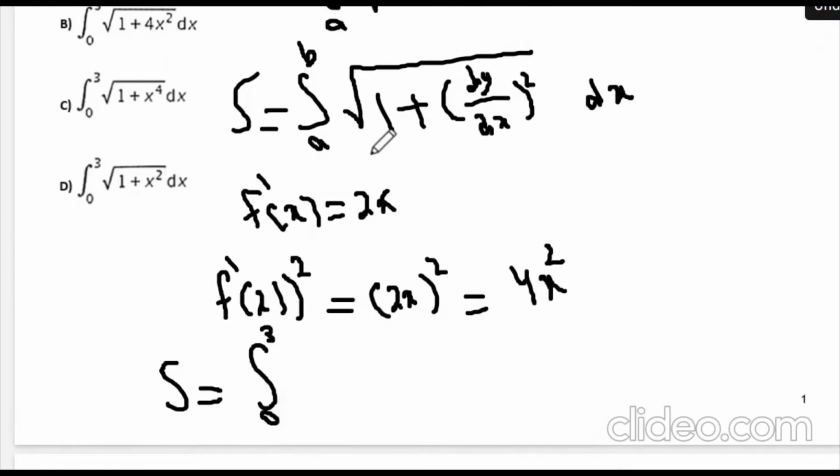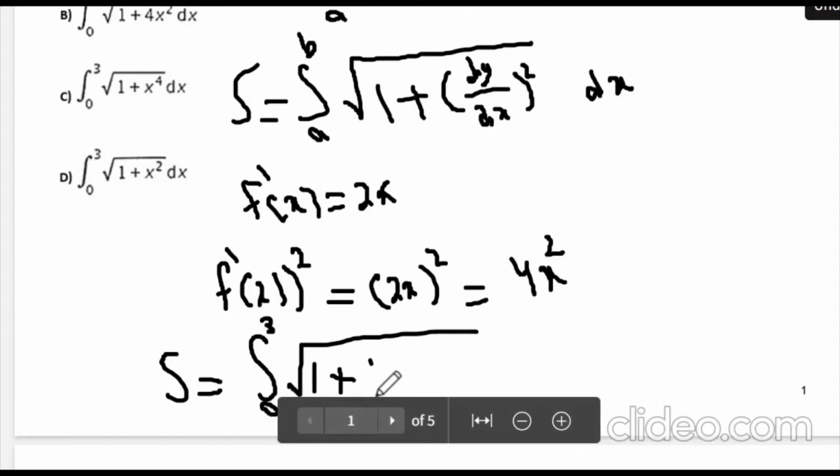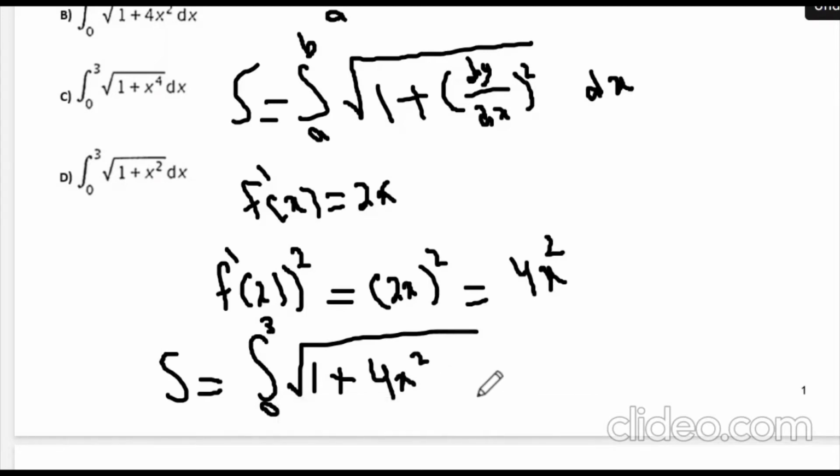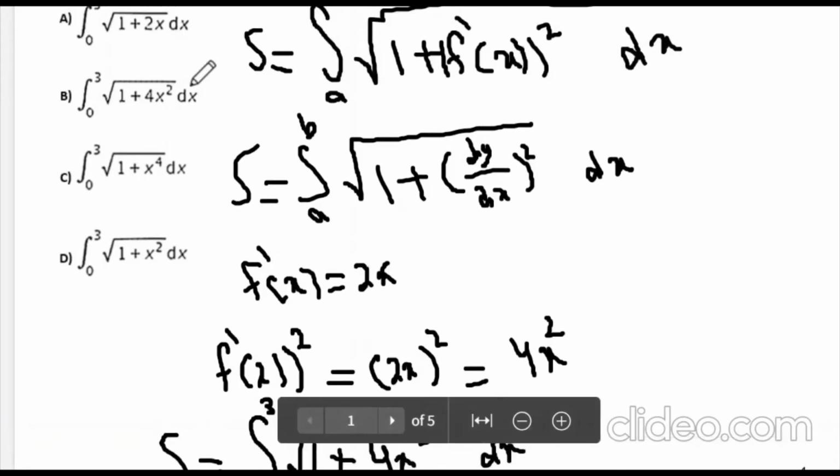And now, as in the formula, square root, so the 1 is going to be the same as the formula, plus dy over dx squared, which is 4x squared, dx. So the definite integral from 0 to 3 of the square root of 1 plus 4x squared dx. So the answer will be B.